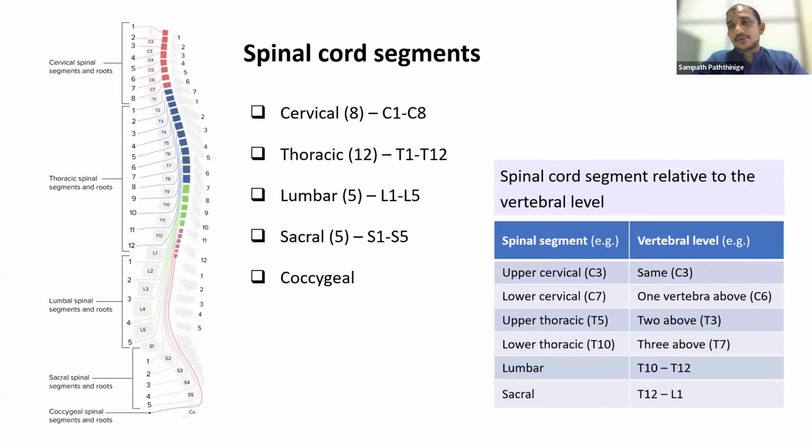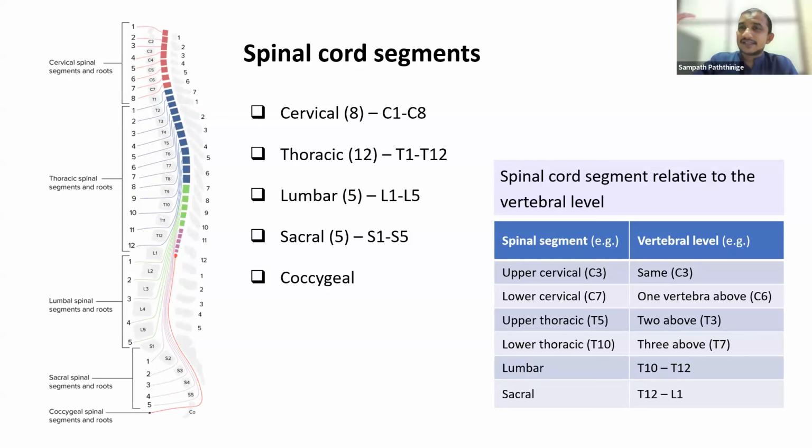Then, of course, the spinal cord has 31 segments. One important thing you need to remember is that as the spinal cord is shorter than the vertebral column, the vertebral levels are not at the same level as the spinal cord levels, right? So we use a general formula-like thing. If it is upper cervical, it would be at the same vertebral level.